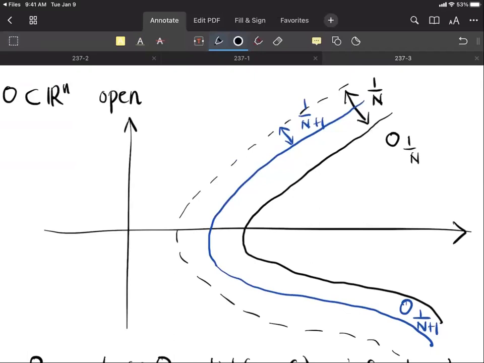Let's say this is my portion of the ball, having radius n.